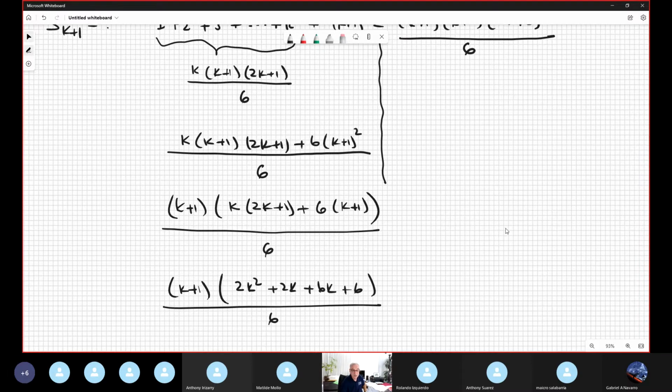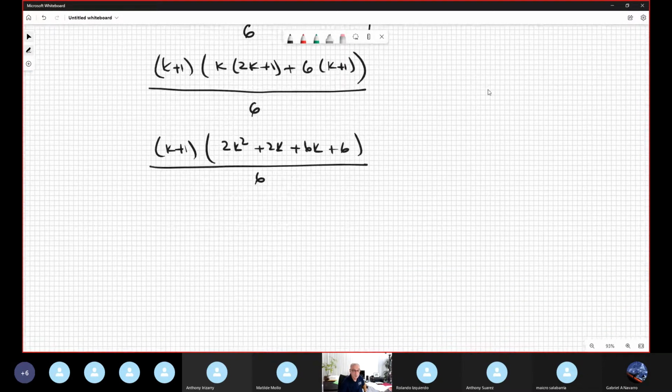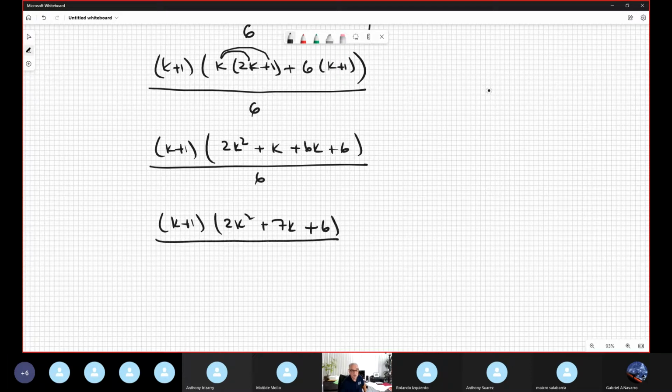Now ready to combine later. It is k plus 1 times ... sorry, I make a mistake here. Let's solve this one, right? Because k times 2k is 2k squared, and k times 1 is k. This is 7k plus 6 divided by 6.